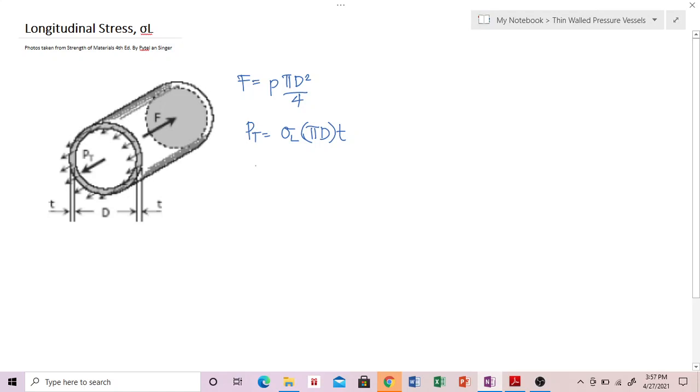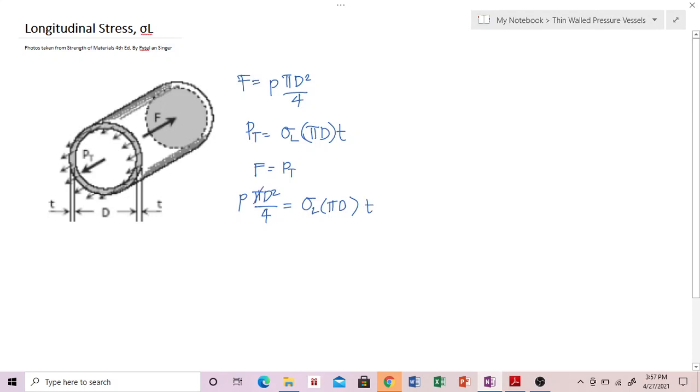Okay. So, applying equilibrium, we have F is equal to P sub T. Okay. So, copy the P pi d squared over 4. That is equivalent to sigma L pi d multiplied by T.